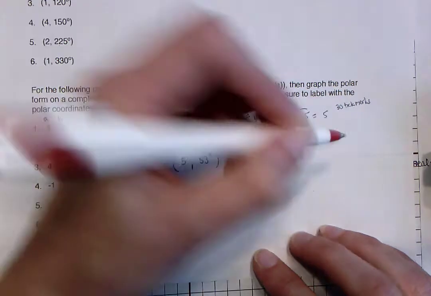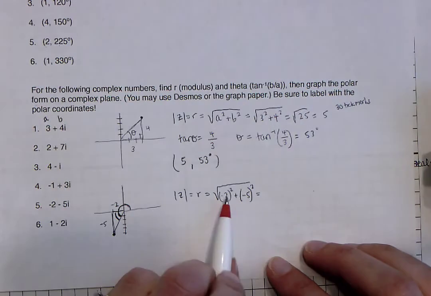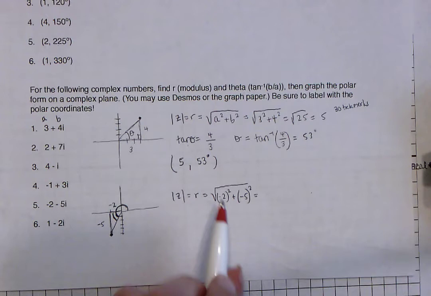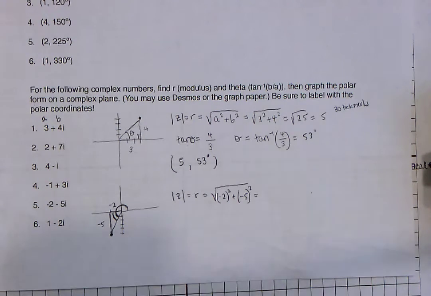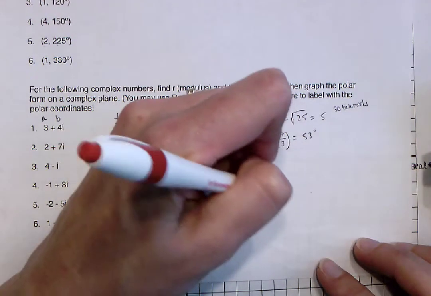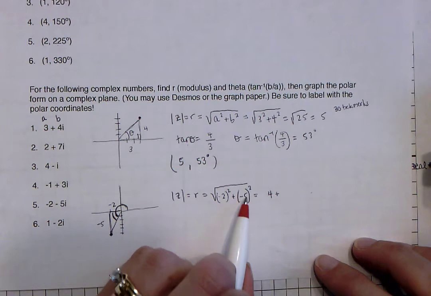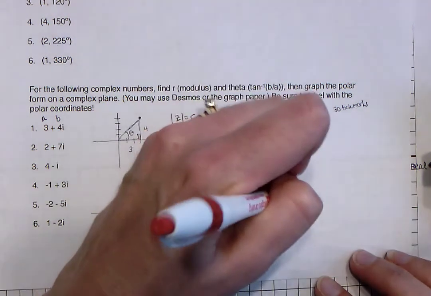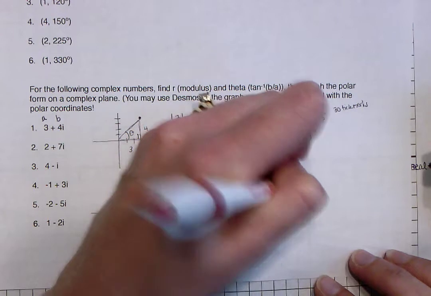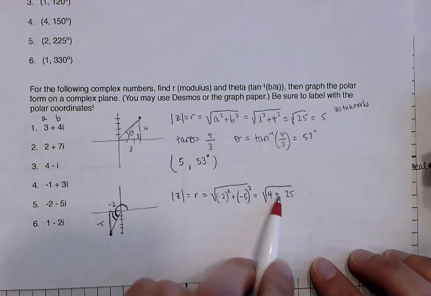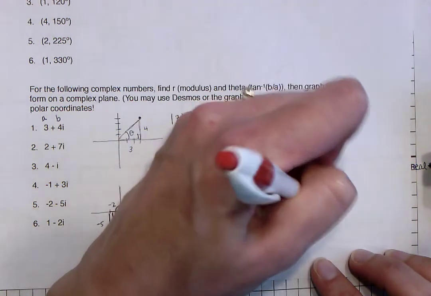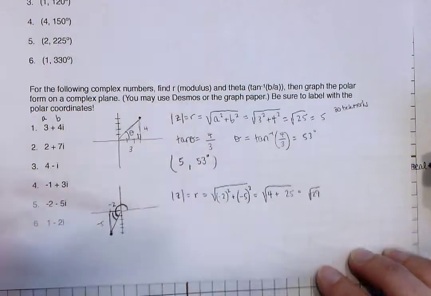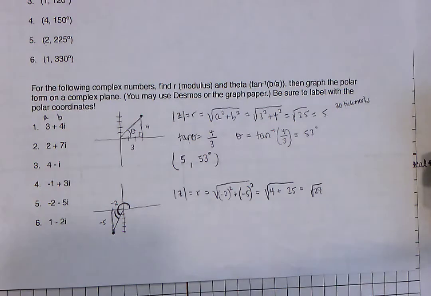Okay, so really what we have is -2 squared. That's -2 times -2. That's a +4. -5 times -5 is a +25. And now if we combine those together in the square root, we get the square root of 29. We can't really do anything with that, so we're just going to have to leave it like that.